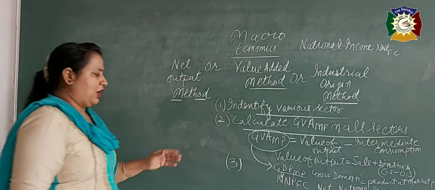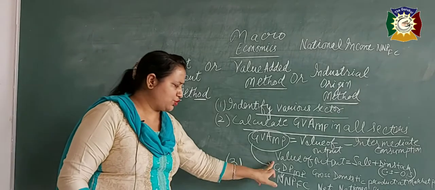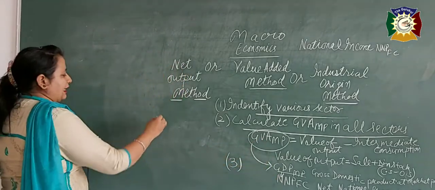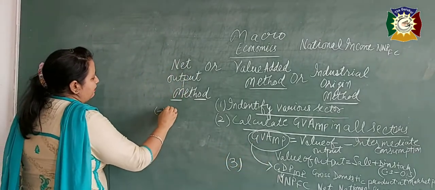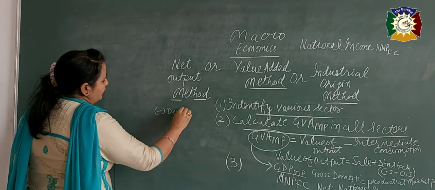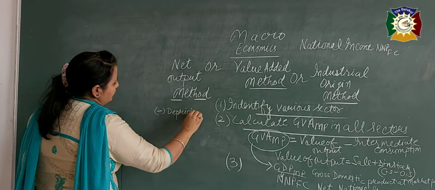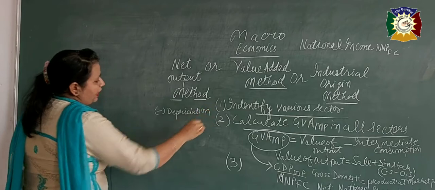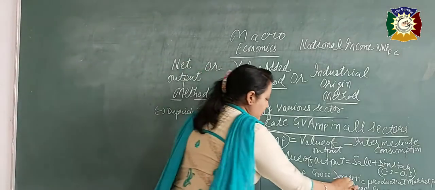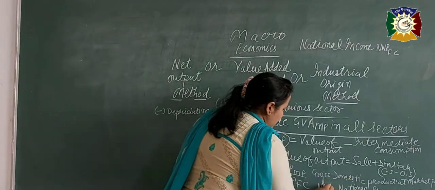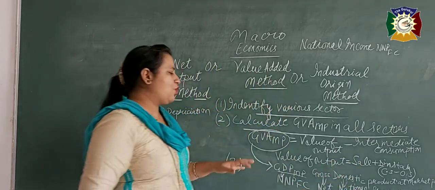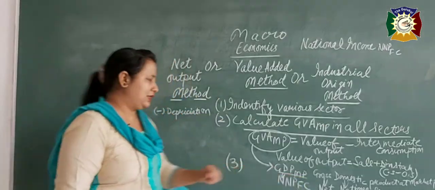First step, how will you go from gross to net? Minus depreciation. Okay, domestic to national. How will you go from domestic to national?